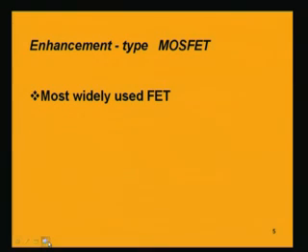Now, we will be discussing the different types of MOSFET. First of all, let us take up the enhancement type of MOSFET, which is the most widely used FET. We will first discuss the enhancement type MOSFET, and then we will also discuss the depletion type MOSFET and the junction FET.